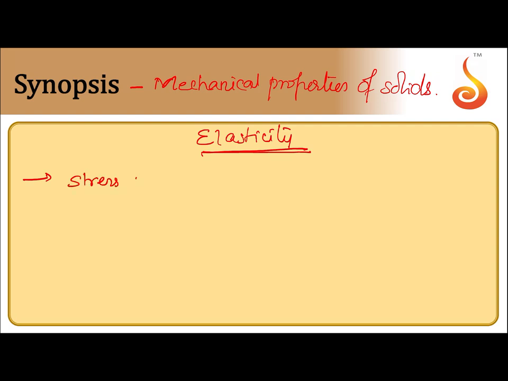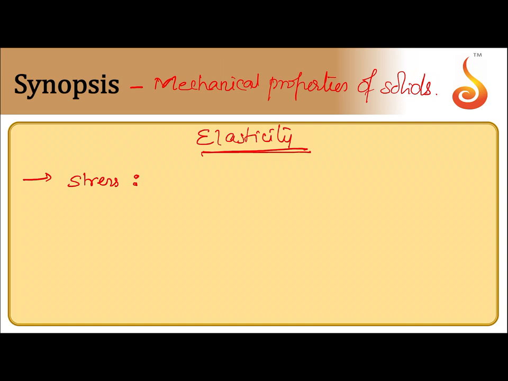First of all, stress. Whenever an object is subjected to an external force, there may be a change in the dimensions of the object. And due to this tendency of change in dimensions, the object tends to restore.